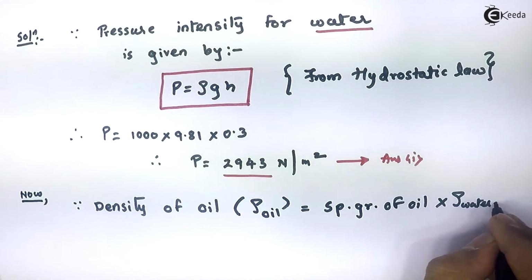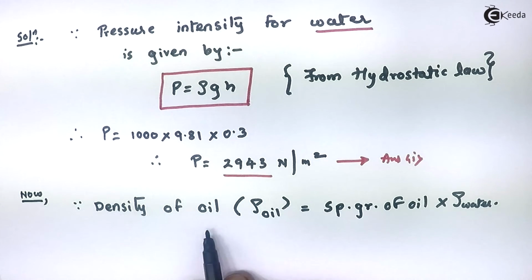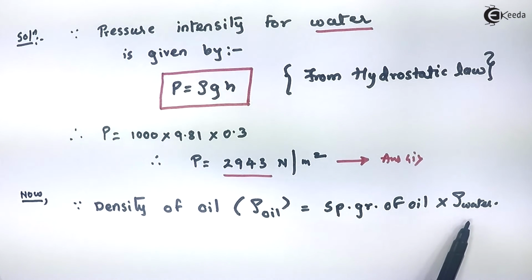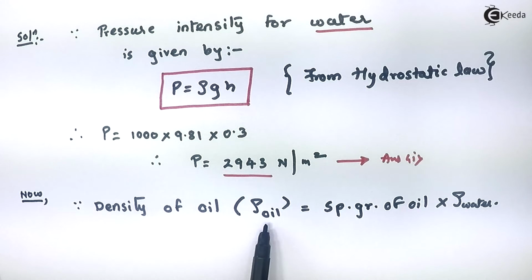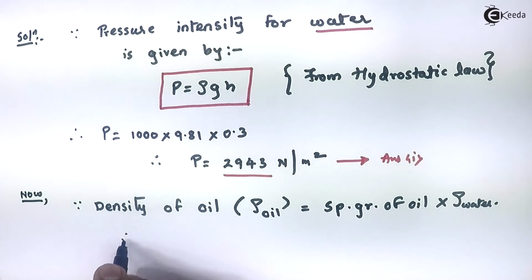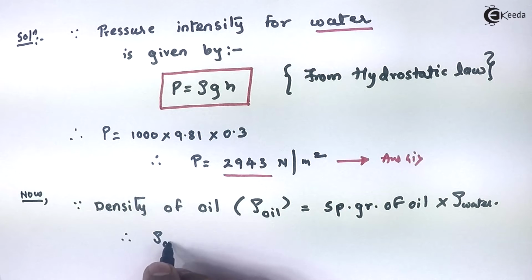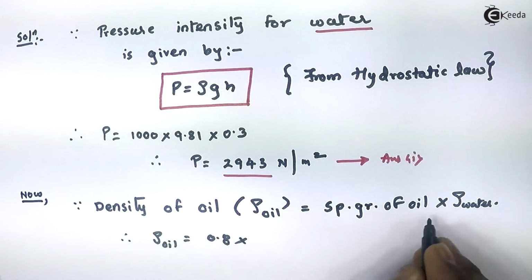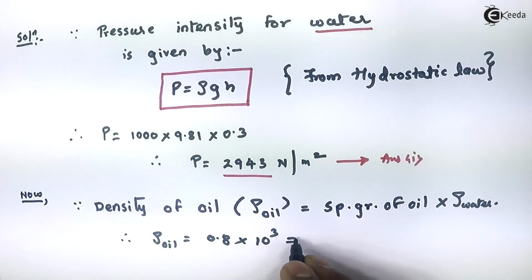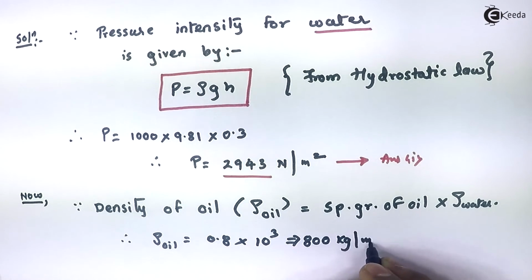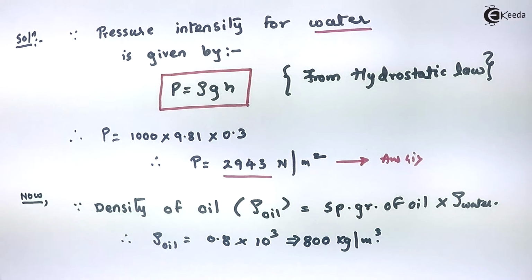This is the general formula. If we want to calculate density of any other fluid other than water, because water we are taking as the standard fluid, we should know the specific gravity of that fluid. So therefore density of oil will be equal to, specific gravity is 0.8 given, into density of water is 1000. So from this I'll get it as 800 kg per meter cube. This is the density of oil.